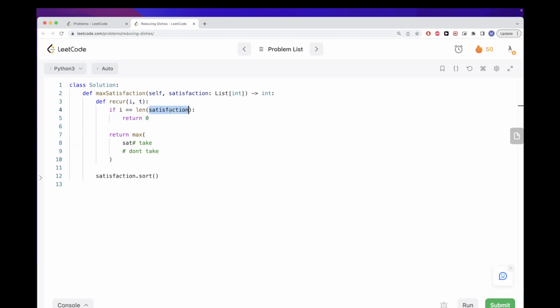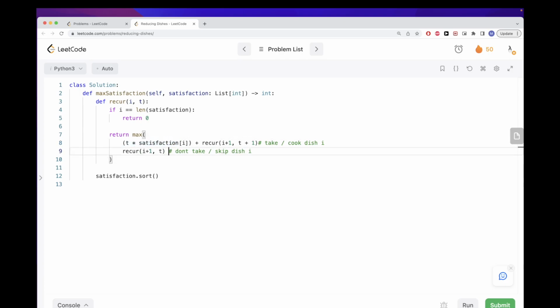It's just going to be satisfaction at I multiplied by the value of t, which we increase each time we take, plus the recursion, where we go to the next dish, and we increment time by 1 because we just used 1 unit of time to cook dish I. You can say this is take or cook dish I. Then skip dish I: if we skip, we go to the next one, but the time doesn't increase because we didn't use a unit of time to cook the dish.